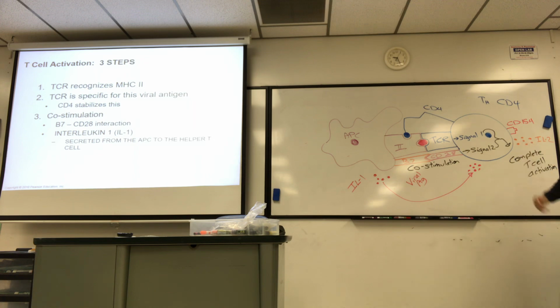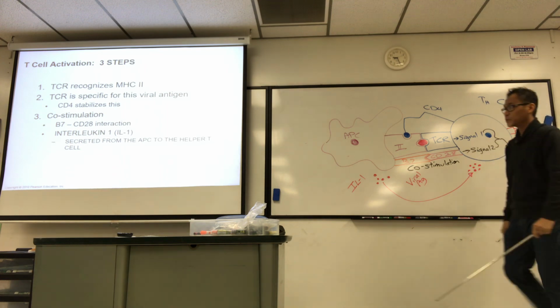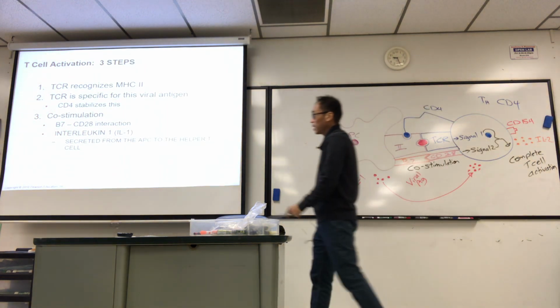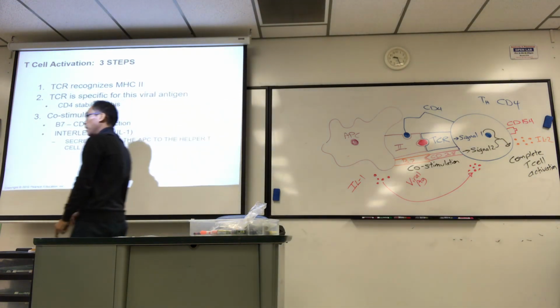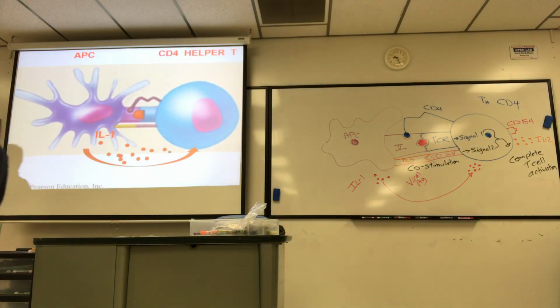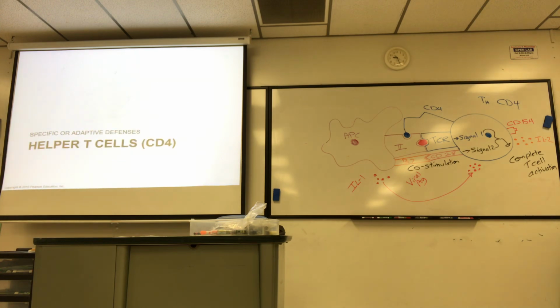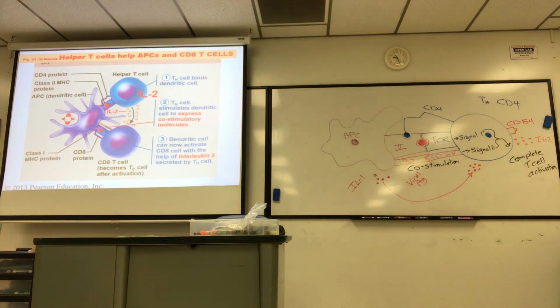Thirdly, co-stimulation, B7 CD28. That'll get you signal 1, signal 2, and that completes the activation. I also mentioned interleukin 1, so I have all the things in this outline illustrated, so let's move on. The helper T cell, here's how it helps an APC and a CD8 cell.